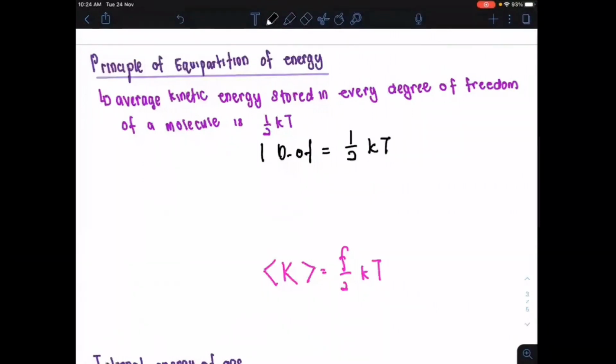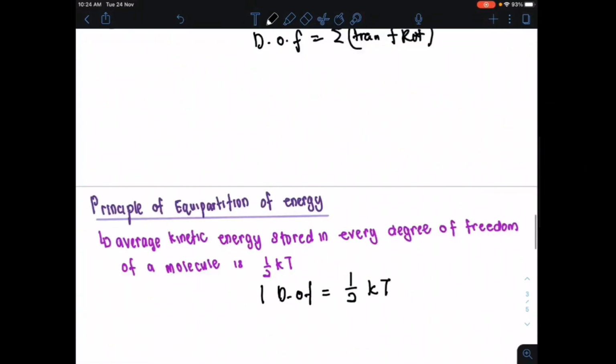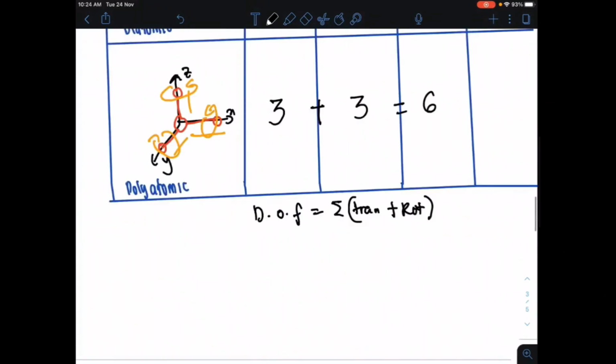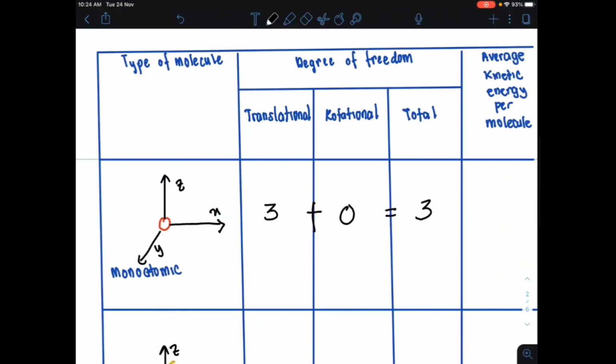The principle of equipartition of energy states that average kinetic energy stored in every degree of freedom of a molecule is 1/2 kT. Maksudnya setiap degree of freedom boleh simpan 1/2 kT of the average kinetic energy. Okay, so sekarang kalau kita tengok balik dekat sini, kita ada 3 degree of freedom untuk monoatomic.